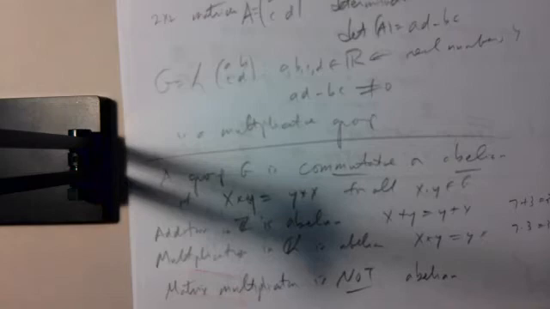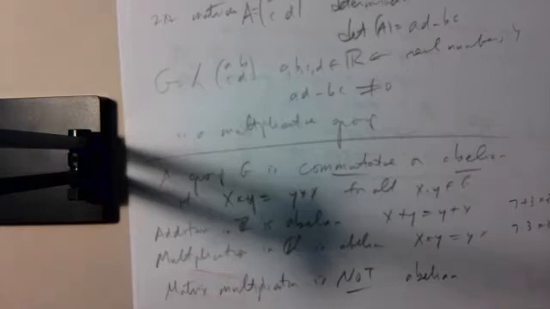You have like a toolkit that's immediately available to you for every group that you find. So instead of having to prove the same theorem 20 times in 20 different courses, you prove a theorem about groups, and then the 20 times you see a group, you know the theorem's already true. So it's a unifying concept.